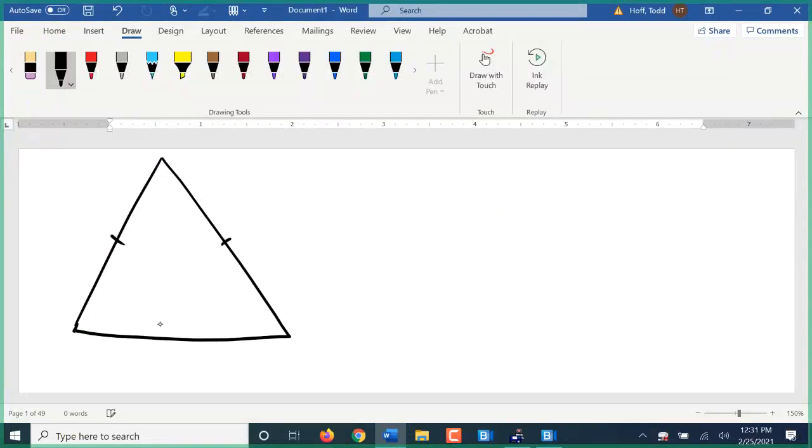If we have an isosceles triangle, so those two upright sides are the same and the bottom is a little bit different. Remember, an altitude is from a vertex and it goes till it's perpendicular to the opposite side.